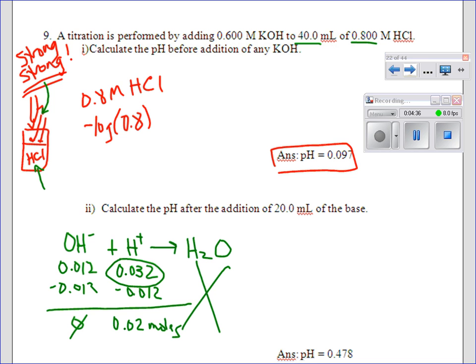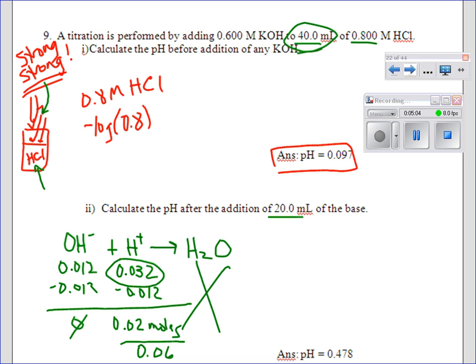Okay, so we have something strong left over. We have not used, we still have acid remaining. All the base was used up. So how do I find the pH now? Divide by liters. This is where you need total volume. We had originally 40 mL of the acid, and we added 20 mL of base, so we divide by 0.06 for 60 mL.